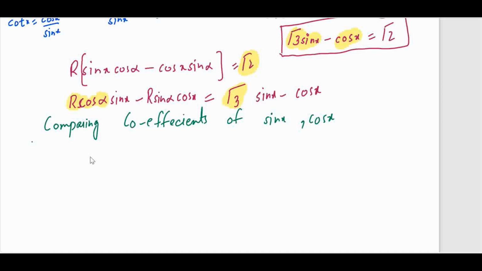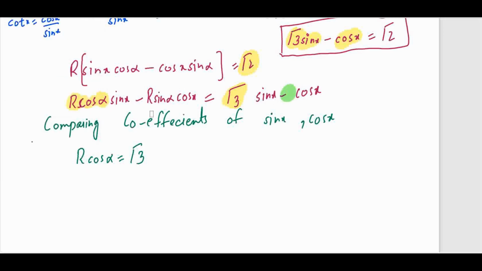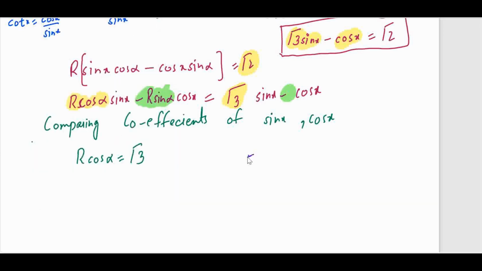So we can write it as r cos alpha is equals to square root of 3. Now the other one is this one, that the coefficient of x here is -1 and here it is minus r sine alpha. So we can write it as minus r sine alpha is equals to -1.